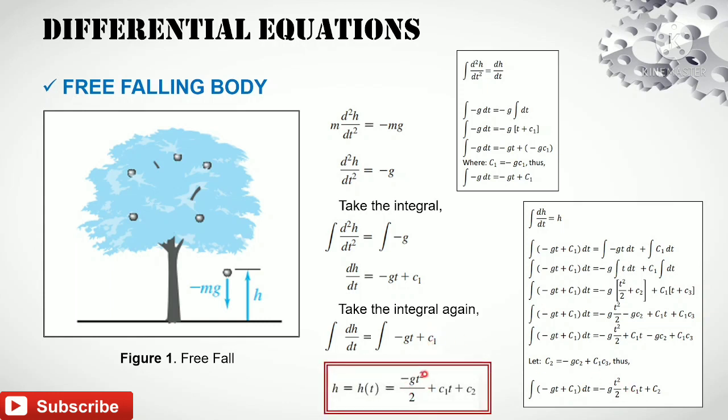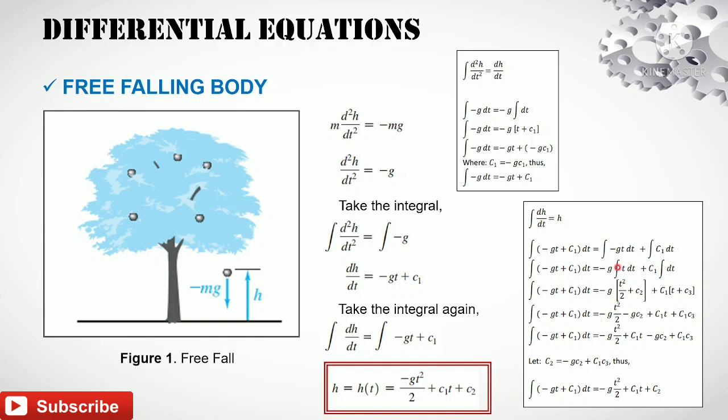Since our integral of dh over dt is equal to h, this one is h, which you can also write as a function of time, since it is with respect to dt, which is equal to these obtained values: negative j t squared over 2 plus c sub 1 t plus c sub 2 here.